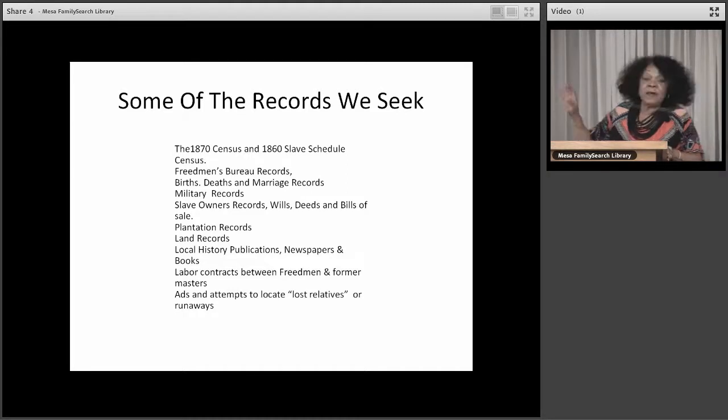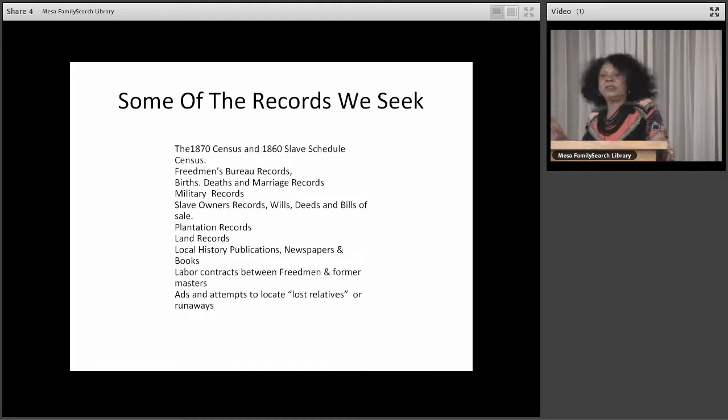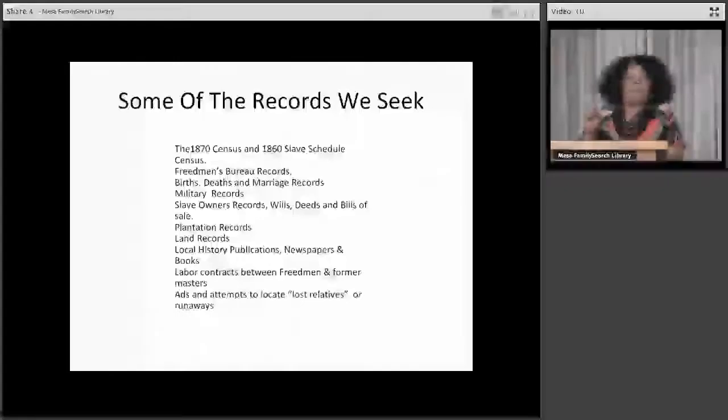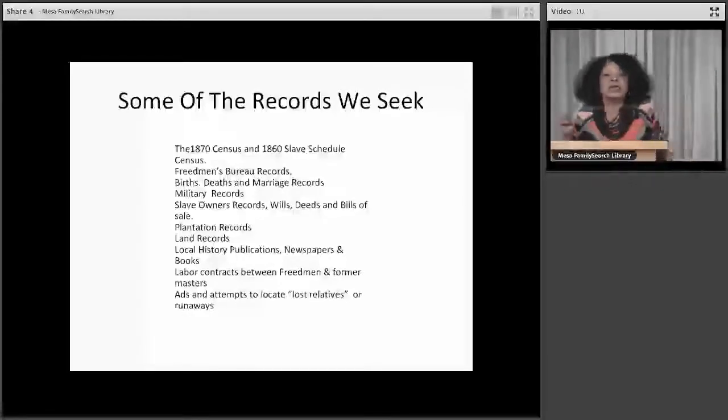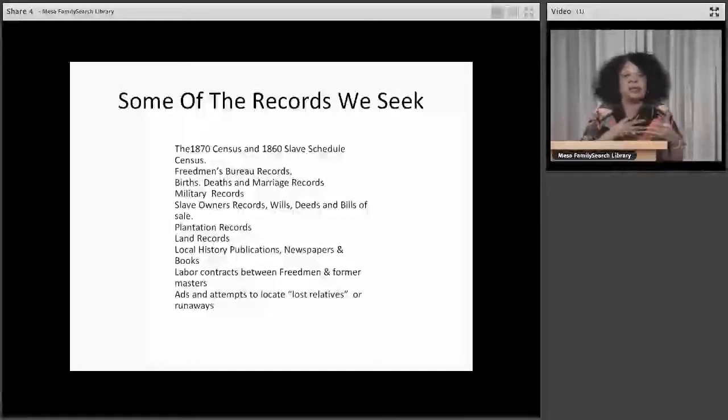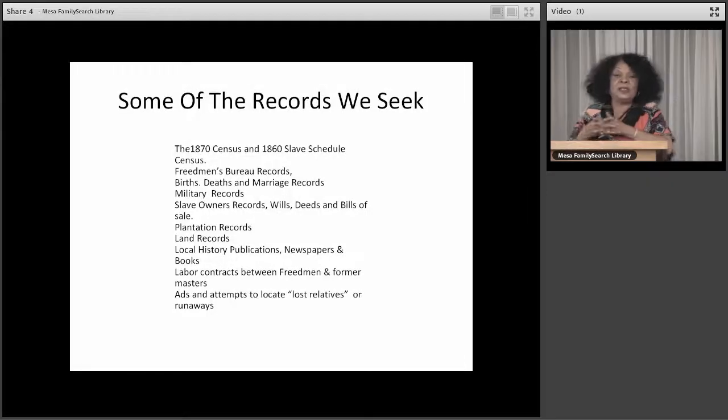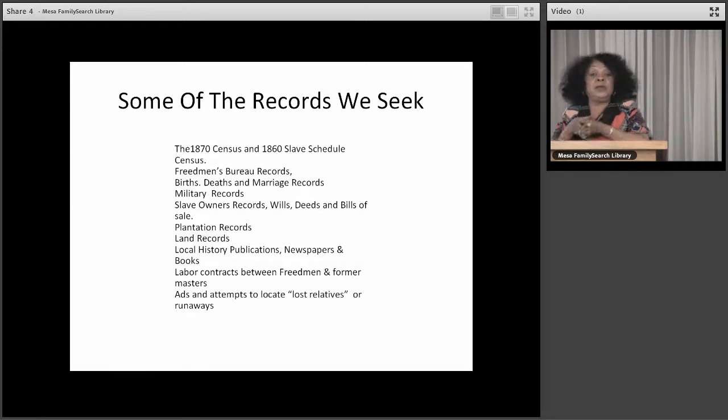The 1870 and the 1860 census, it's crucial if you can find and locate the last slave owner, because his records, you see, prior to 1870, we're doing slave genealogy. The paper trail will be in the owner's papers.